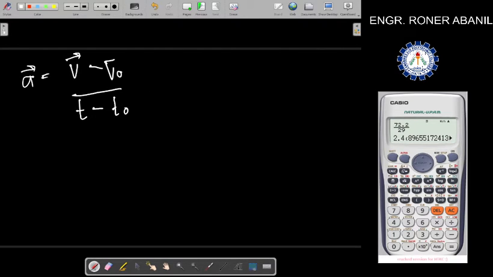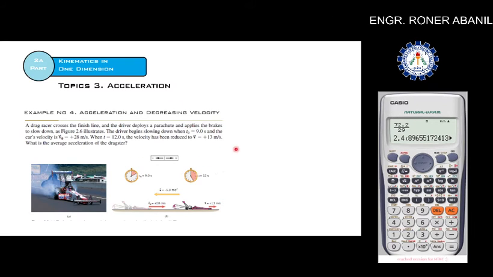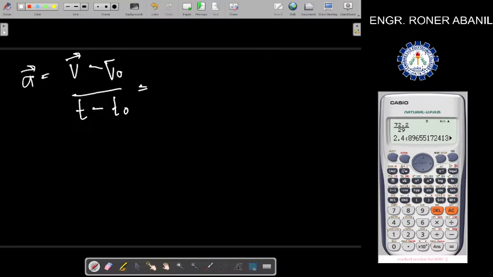So, papasok lang natin lahat ng given dito, no? So, check natin kung naka-meters per second. Okay, naka-meters per second naman nung chinek natin, no? Hindi na tayo magko-convert. Okay? So, yung final velocity niya is 13.